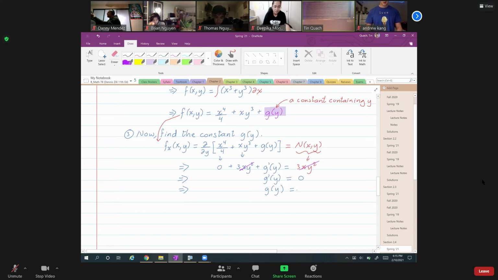you just integrate both sides, right? You integrate both sides with respect to y, of course. So the integral of 0 with respect to y means, what is that equal to?